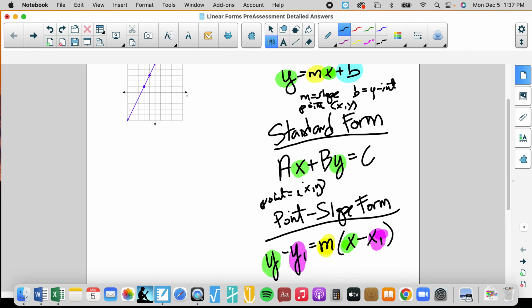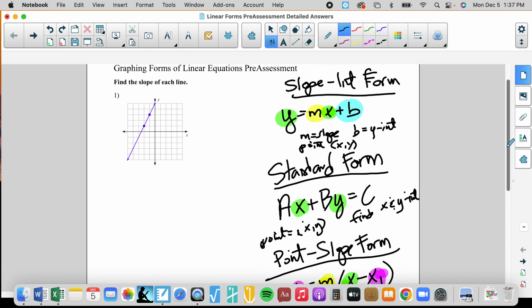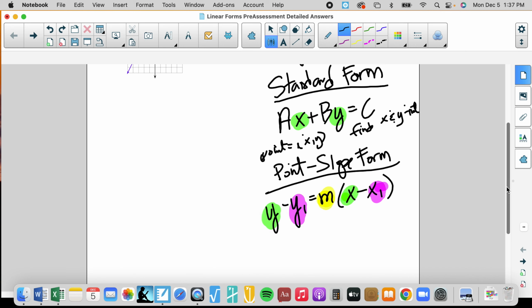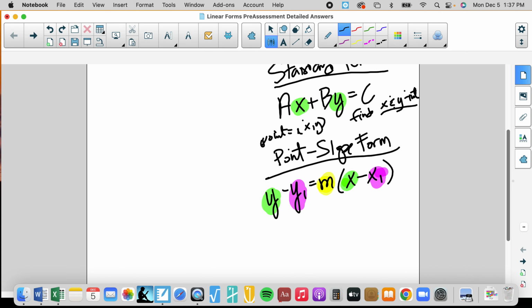And we're going to use this equation to find, it's not straightforward, but we're going to find the x and the y intercepts when we are in standard form. So that's going to help us graph the line. In slope-intercept form, we're going to plot the y-intercept, and then utilize the slope. With the two x and y-intercepts, we plot them and graph the line because you only need 2 points.